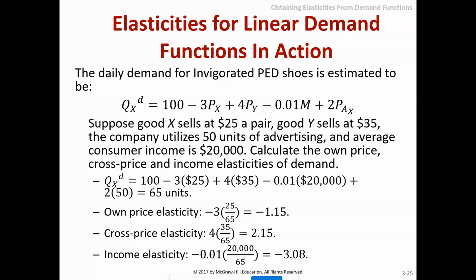And average consumer income is 20,000. Calculate the own price, cross price, and income elasticity of demand for X.